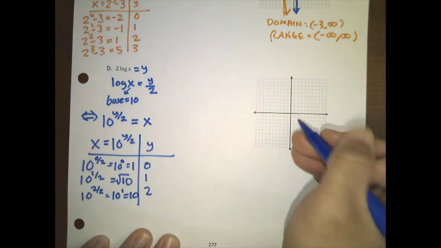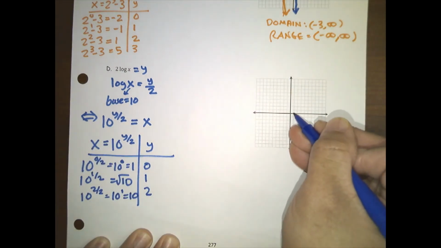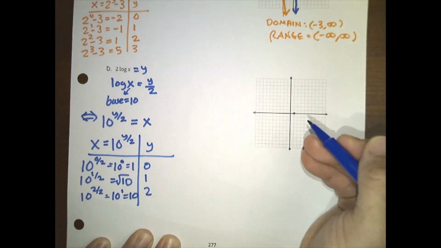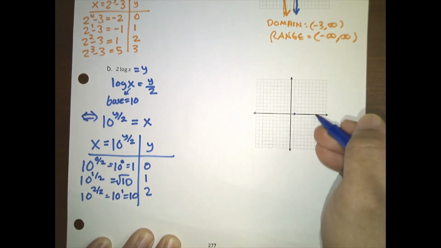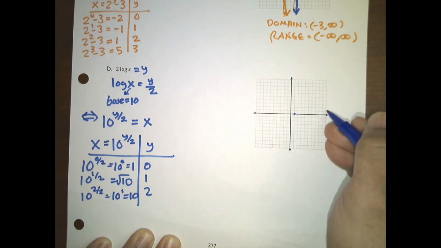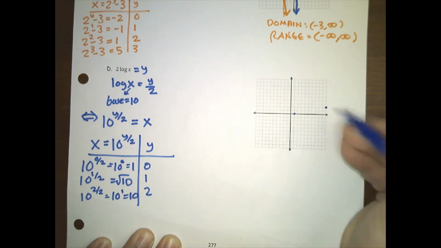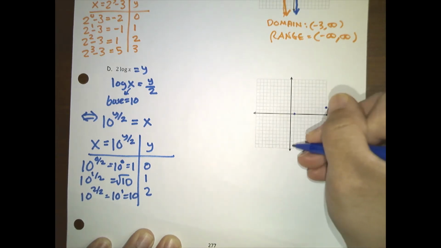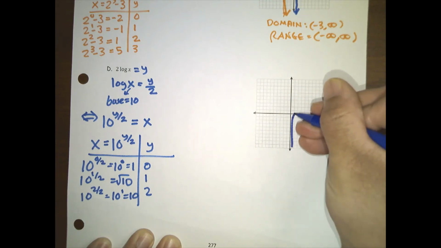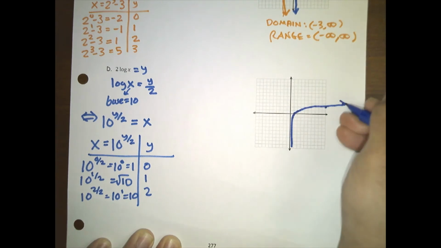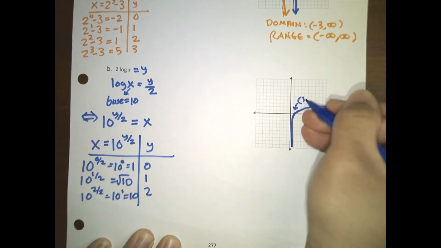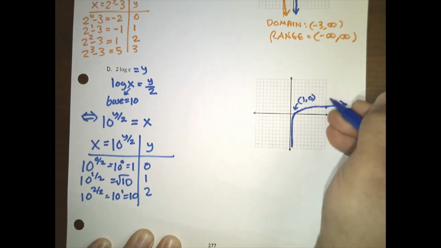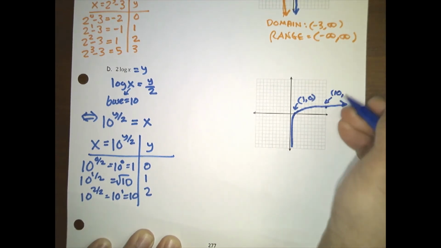So I have 1, 0, and I have 10, 2, so 2, 3, 4, 5, 6, 7, 8, 9, 10, 2, and then the graph just looks like this. So this was my 1, 0, and this was my 10, 2.